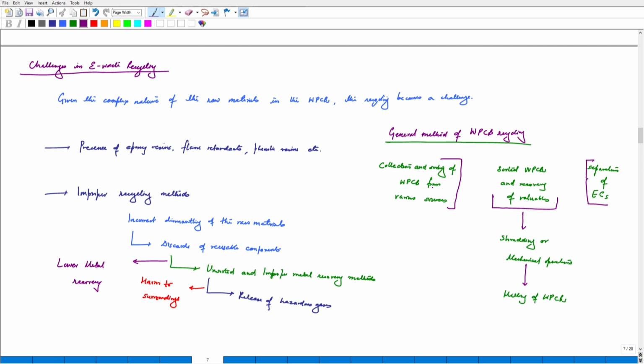And we know that of course we have dismantling here. We know that this is the most initial and most crucial step at the beginning, because if we miss this and we just start recycling, and recycling strategies are enormously complex, and a lot of research groups have been exploring their own method of recycling WPCBs.